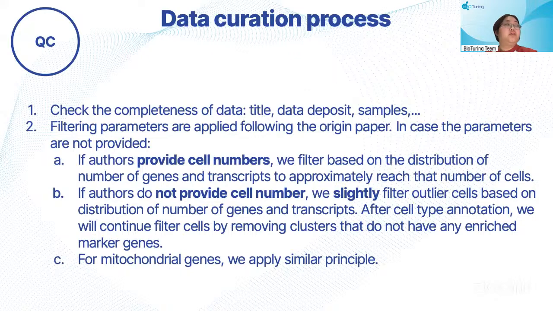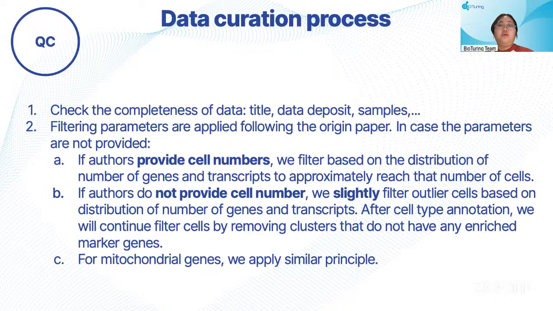So after the completion of annotation and submitting the data set into internal testing, we will perform another round of quality control. Within this round, we will check the completeness of data again. Why? Because usually, after the annotation process following the first QC, quite some time later, let's say a few months or a year later, we will check again.